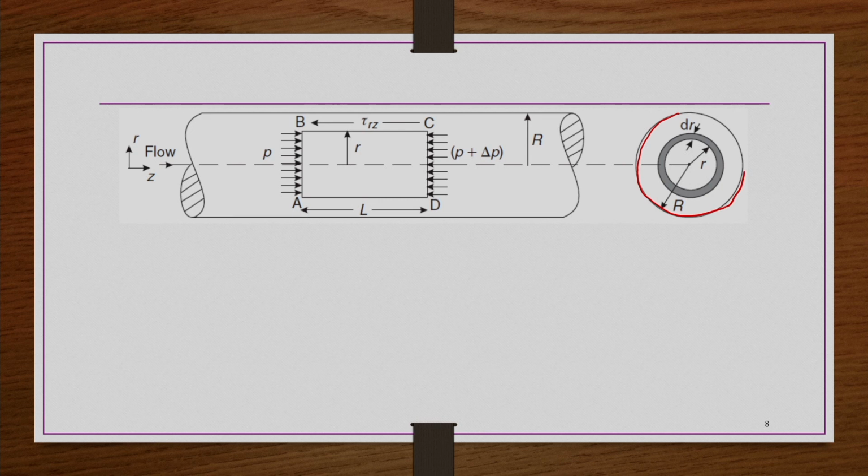Within this, we take one channel or one annulus whose inside radius is r and outside radius is r plus dr. Then if you want to know the change in volumetric flow rate dQ taking place in this annulus of inner radius r and outer radius r plus dr, you can write dQ equals 2 pi r Vz dr. If you do, you can get the volumetric flow rate information.